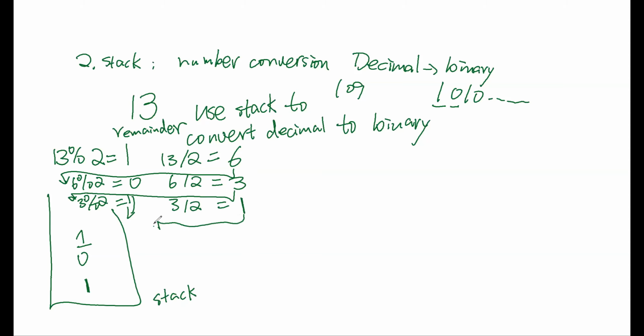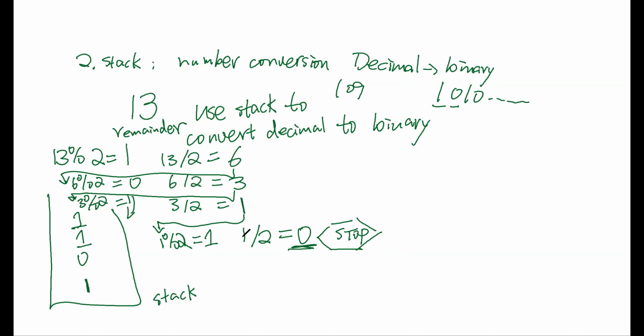Okay, and then you repeat this pattern again. 1 modulo 2, what do we get? We get 1, so you push this 1 onto the stack. And then you do 1 divided by 2. What do you get? You get 0. When the division by 2 gives 0, then we stop here.